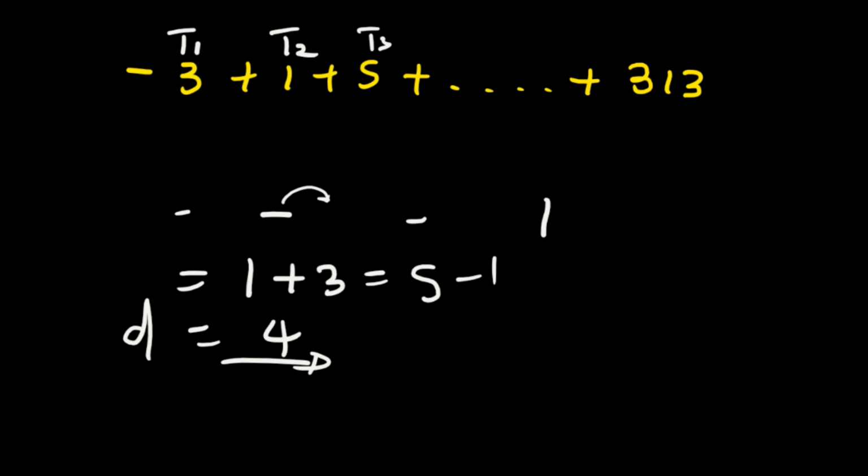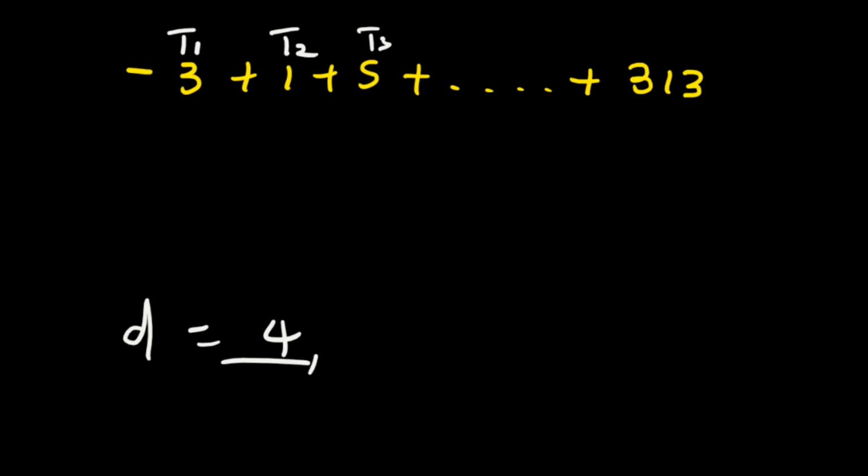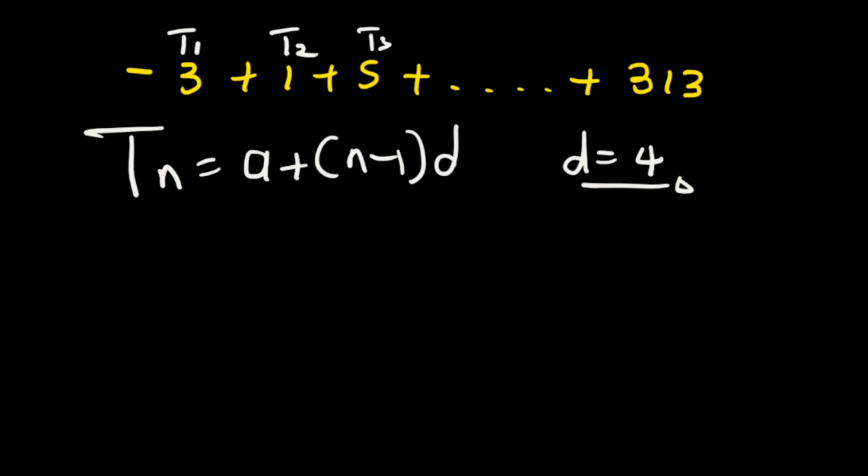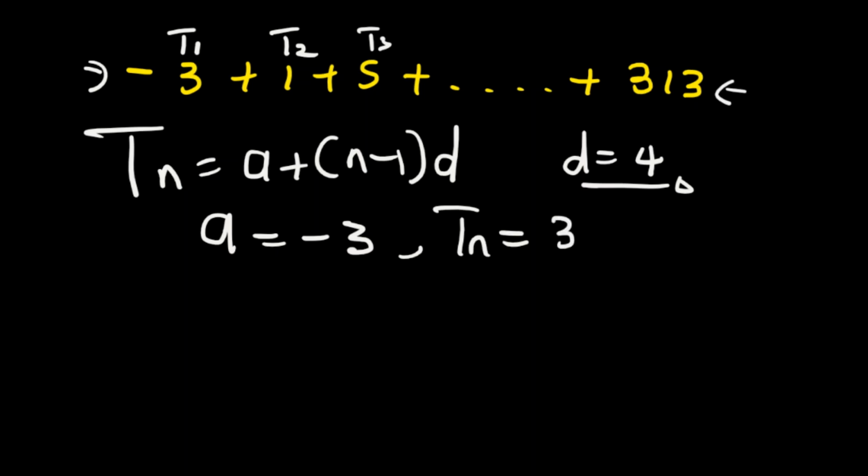So that tells us that this is actually an arithmetic series. An arithmetic series and an arithmetic sequence go together. Hence, we're going to use the general term of an arithmetic sequence to find the number of terms of this arithmetic series. I hope I'm making sense. So d equals 4, which is what we just calculated, and we're going to use the formula Tn equals a plus (n minus 1) multiplied by d, where our a value is minus 3, our first term, and our Tn is this last term, 313.